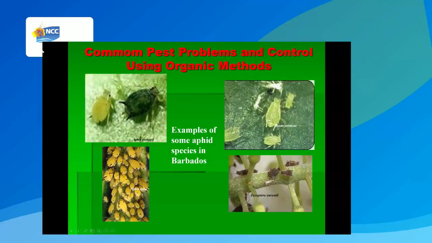So you have to keep your eyes out for them. Keep your plants as well hydrated as you can. And then after you've noticed them, you can use various types of control methods. Okay, next slide, please.